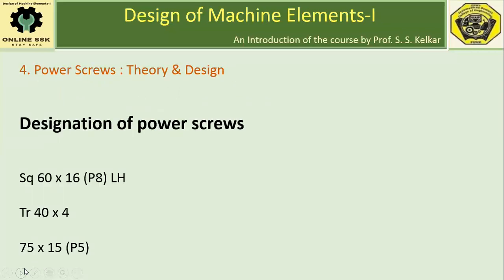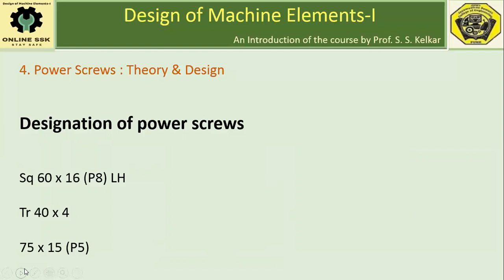Now let us discuss regarding designation of the power screws. Power screws are designated as shown in the figure. First of all, you have to mention type of the threads, whether threads are of type square threads or isometric trapezoidal or acme threads.